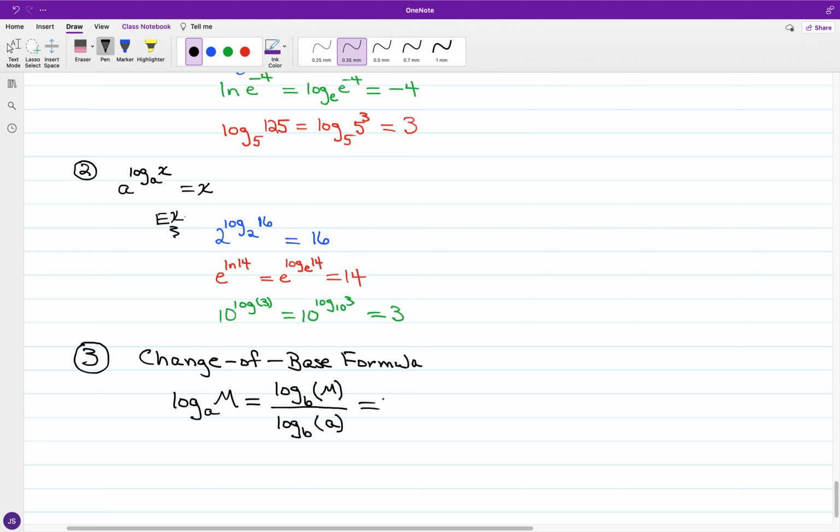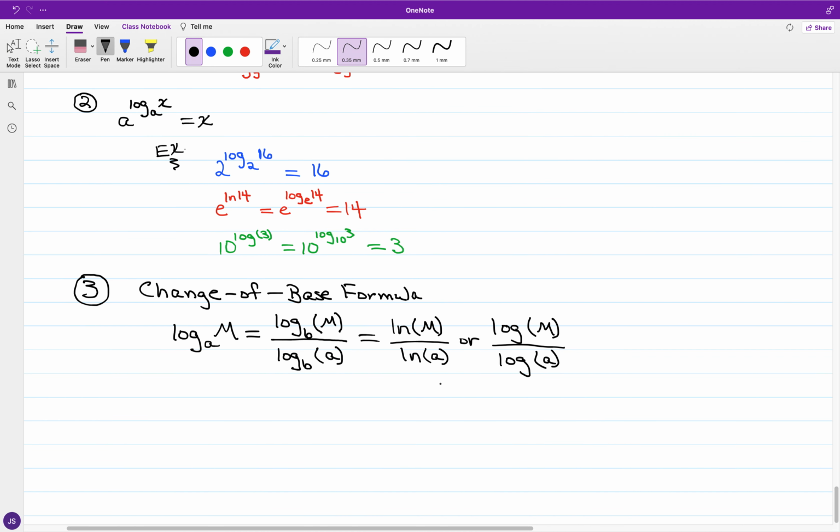And for the base b logarithm, at least in terms of common scientific calculators, it could be the natural logarithm of m over the natural logarithm of a, or the base 10 logarithm of m over the base 10 logarithm of a. It doesn't really matter which you use, you still want to have the same decimal result.